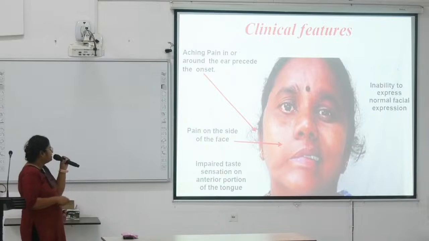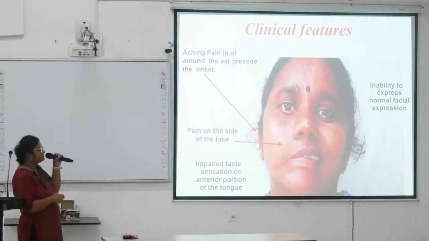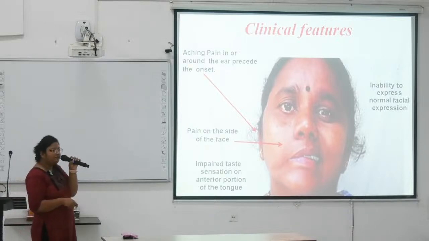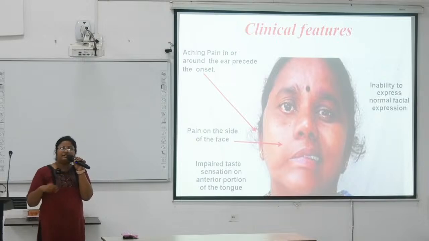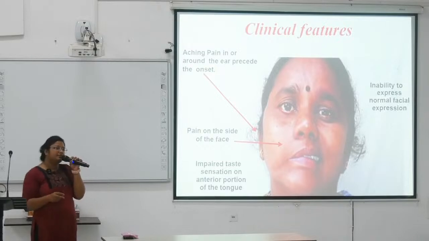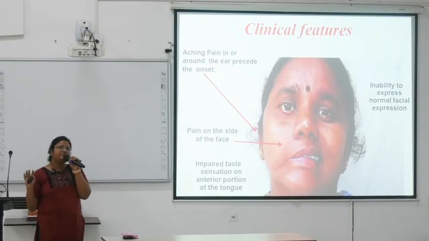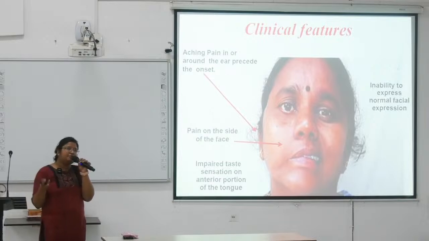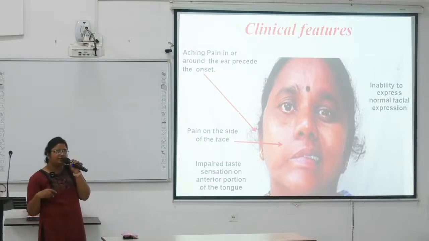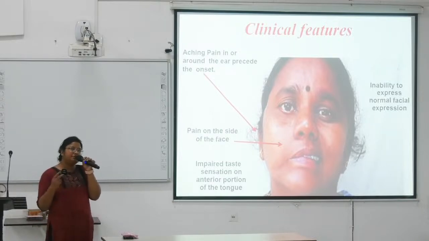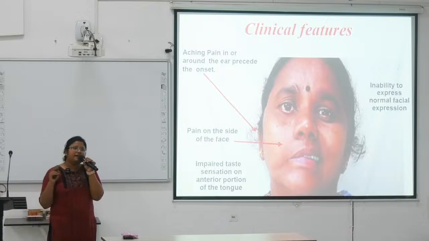Patient will complain of these. Okay, you have to write it down like this. First, symptoms and signs, you have to write them separately. You know, what is a symptom, what is a sign? Symptom is what the patient complains of, and signs you have to find out.